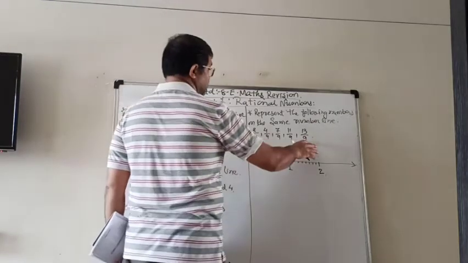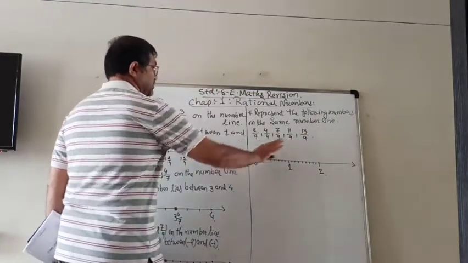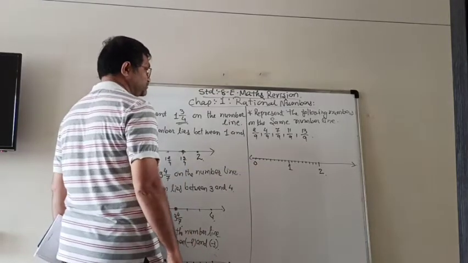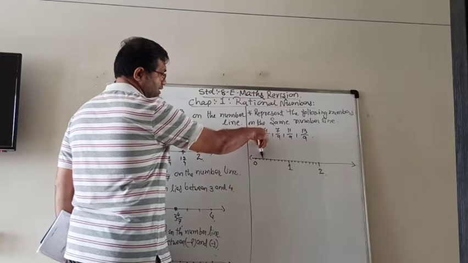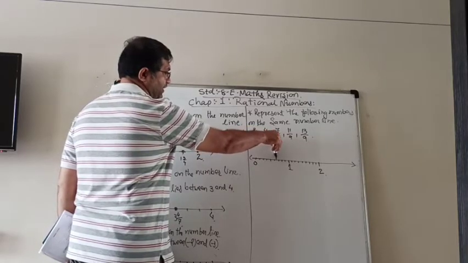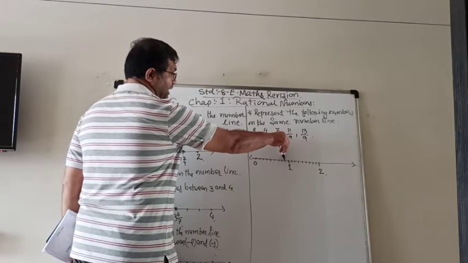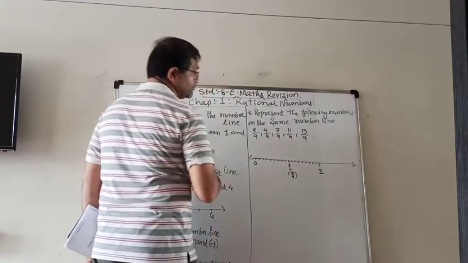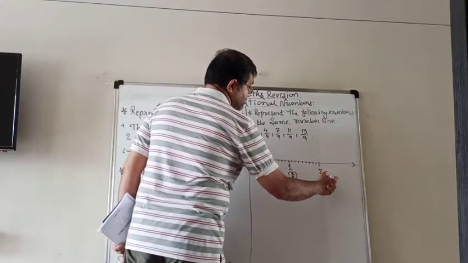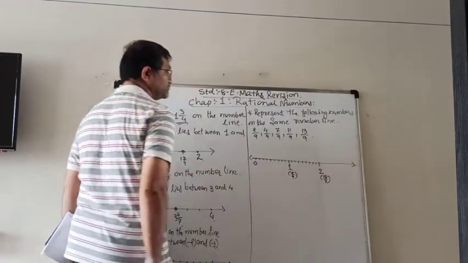Yes, you can see that nothing is more than 2. So you can stop at 2. Now, first one is 1 upon 9, 2 upon 9, 3 upon 9, 4 upon 9, 5 upon 9, 6 upon 9, 7 upon 9, 8 upon 9. 1 is the 9 upon 9. And that is 18 upon 9 because 2 is 18 upon 9.